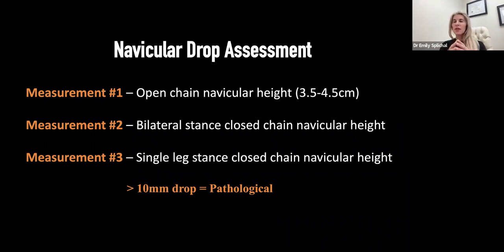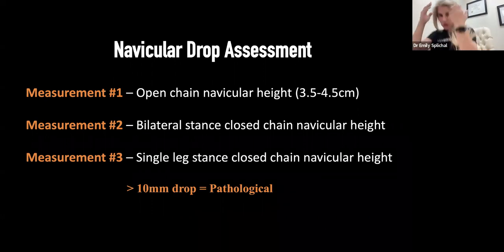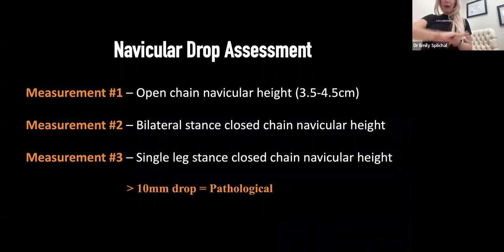So what we are looking for is, from an open chain perspective, no gravity on that foot, what is their baseline? As soon as they put gravity on both feet, nice and relaxed, what happens to that navicular? Does it boom and it bottoms out and it drops? Any drop between measurement 1 and measurement 2 that is over 10 millimeters is considered pathological.